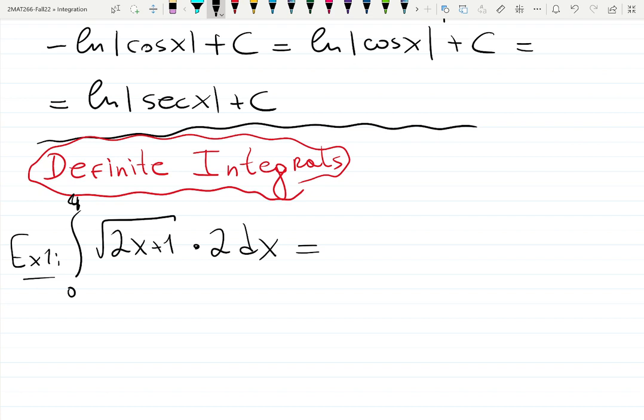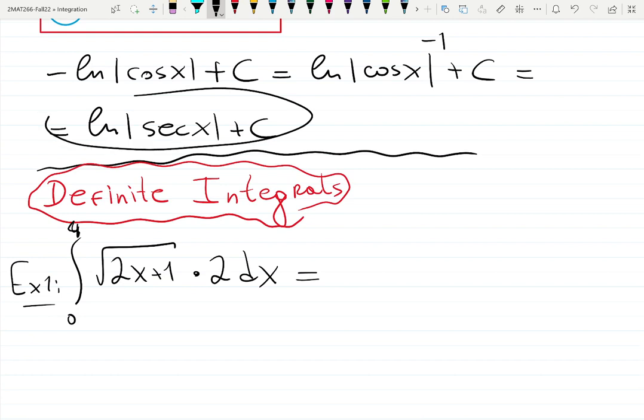This is a completely new example. That's called example 1. It has nothing to do with previous examples. Remember, indefinite integral gives you the answer as a function. Definite integral should be a number. It's a value. Definite integral is like how far you are? Oh, 55 miles away. It should be a finite result. So if you get a function, you messed up. You forgot what definite integral is.